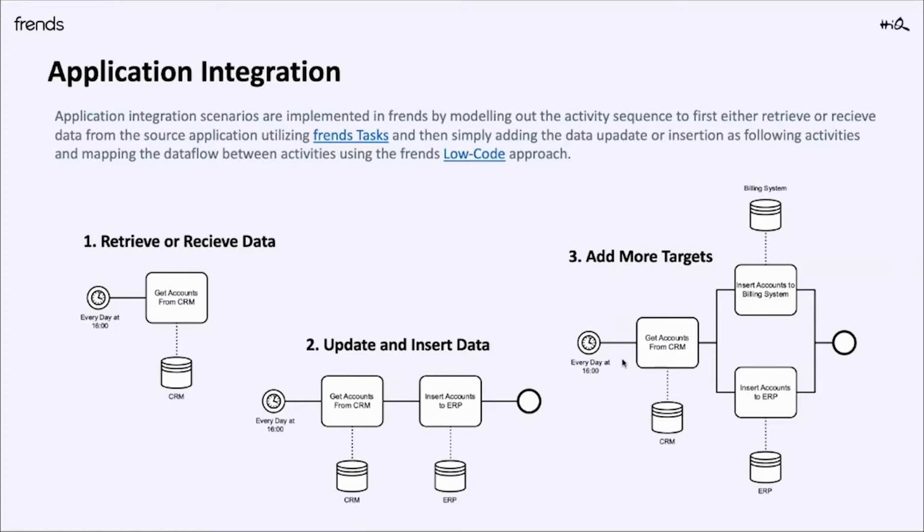So first we get the information from a CRM system, and after that, we can use either or both the billing system or ERP to insert data. We can also insert data with different kinds of modern ways of integrating, like web services, REST interfaces, or RabbitMQ, etc. These are something that comes out of the box from Frends.